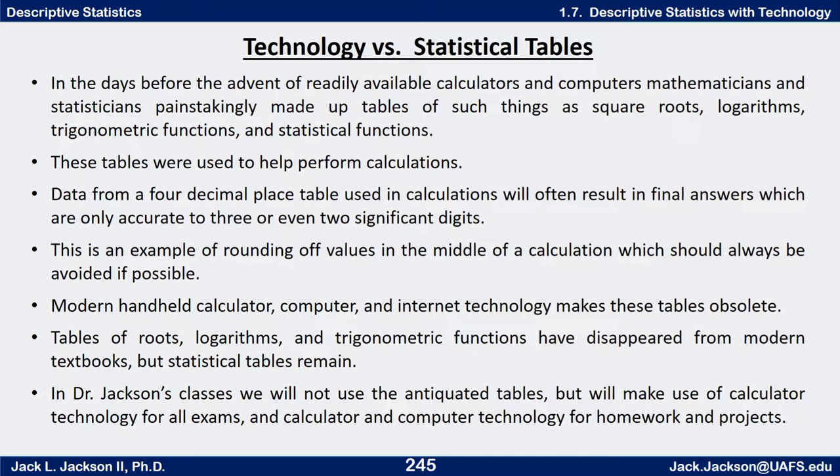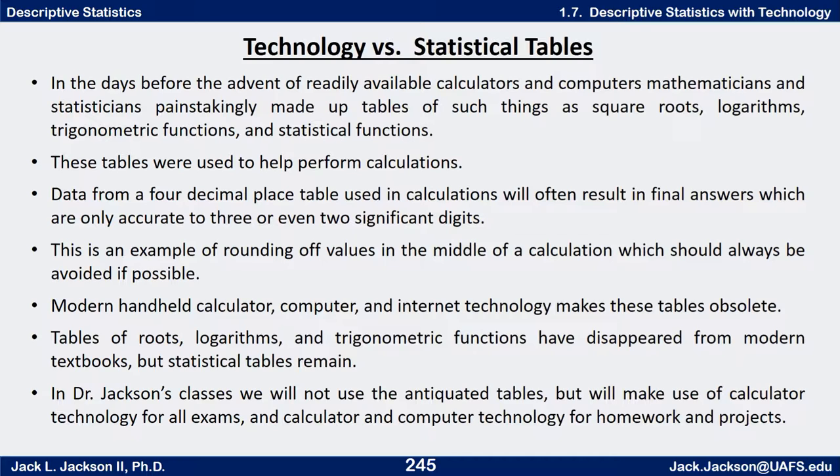Typically, these tables were rounded off to about 4 significant digits, which was pretty common. And these tables then would help them perform various types of calculations. So in the days before calculators, doing complicated arithmetic usually meant using a logarithm table, for example.